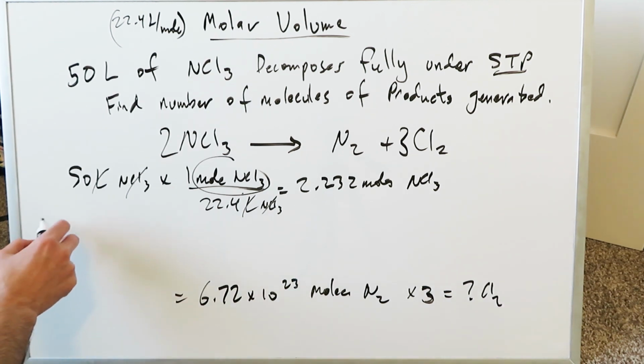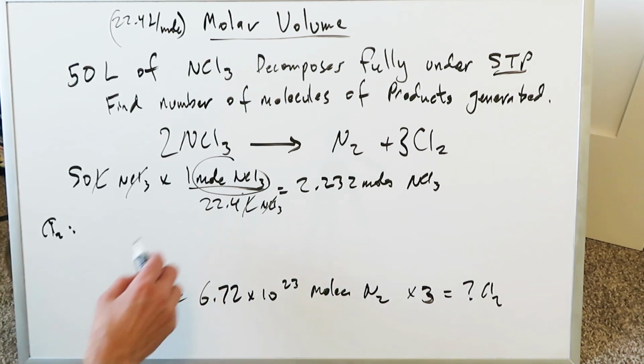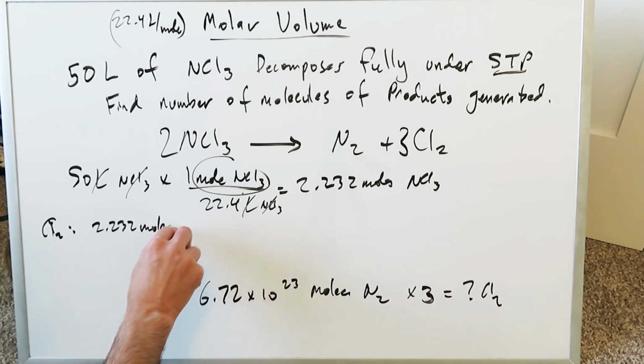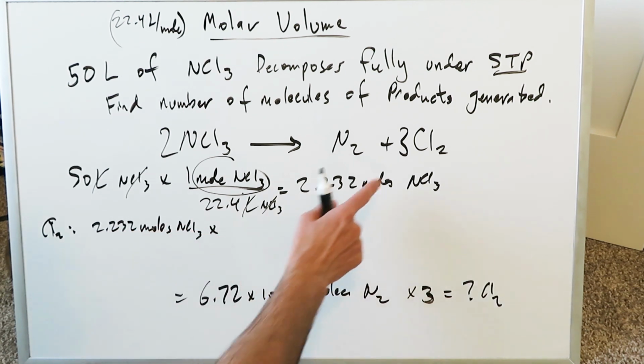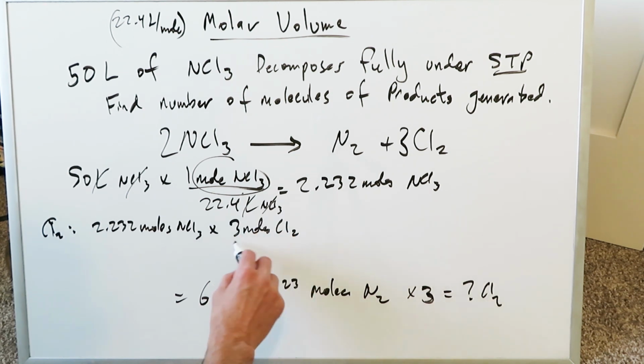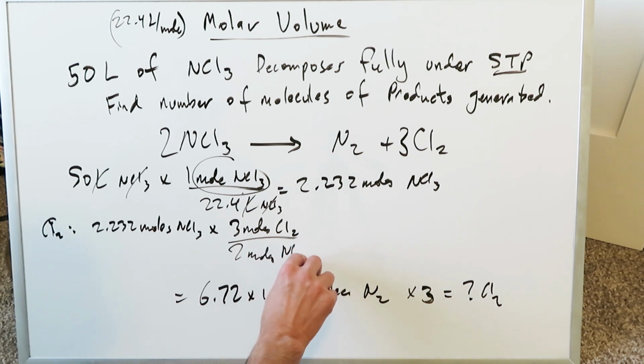Now let me show you for chlorine. We bring chlorine over here. For chlorine, we're going to start again with 2.232 moles of NCl3. We'll multiply this by 3 moles, because you have 3 moles of diatomic chlorine being generated from each 2 moles of nitrogen trichloride.